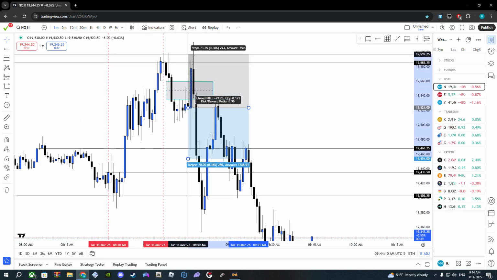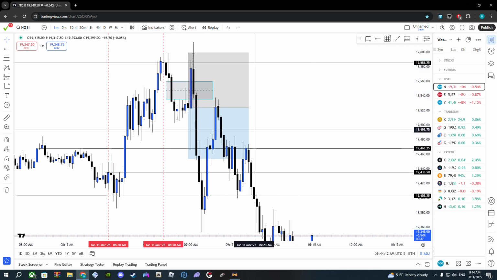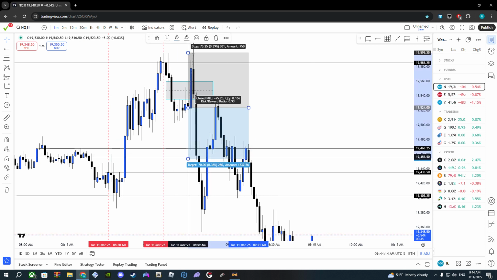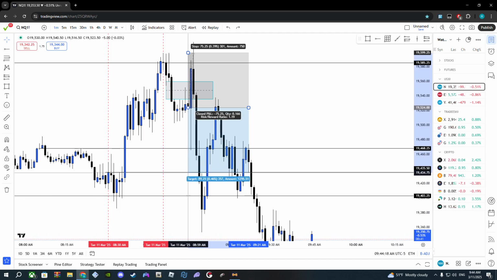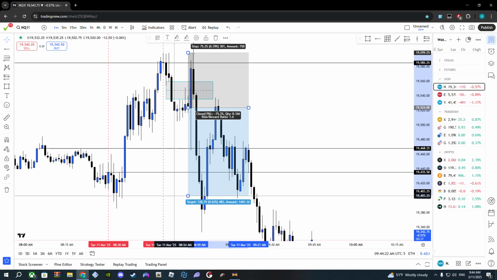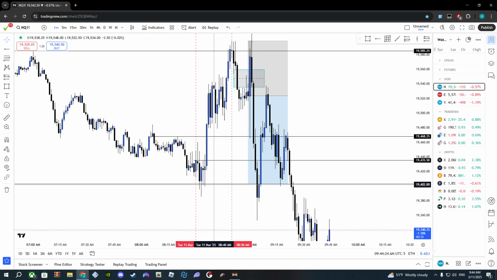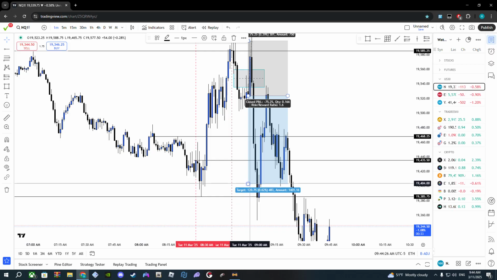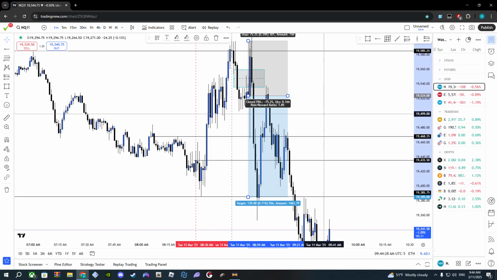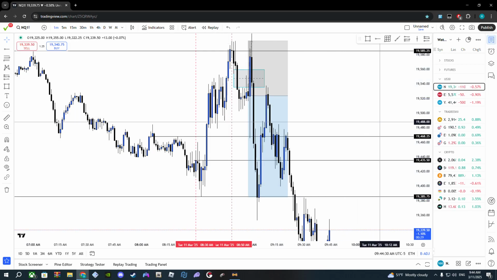Shorted right there. Stops at those highs. First take profit was this 5-minute order block. Second take profit was at these 5-minute lows right here. Yeah, this was the trade.